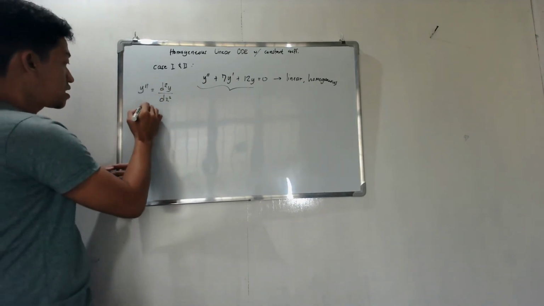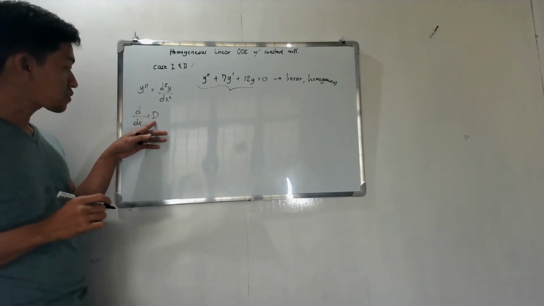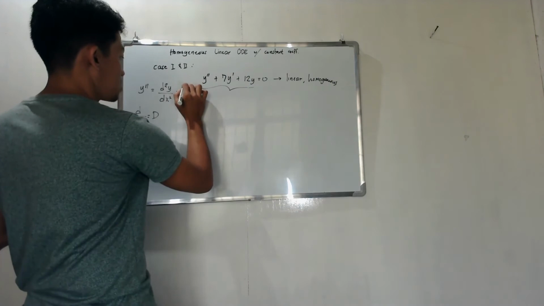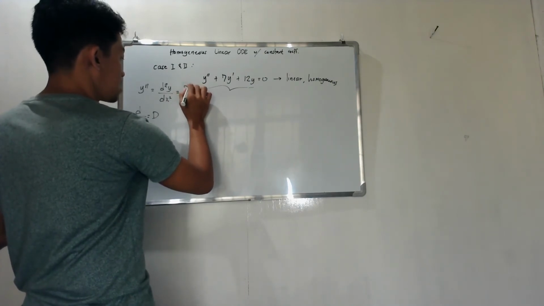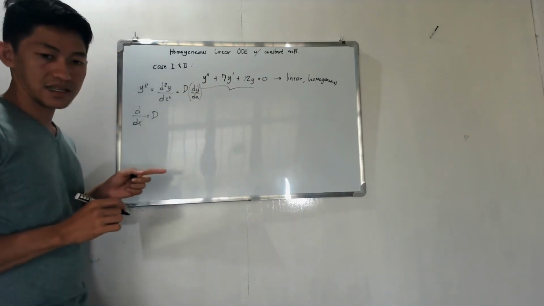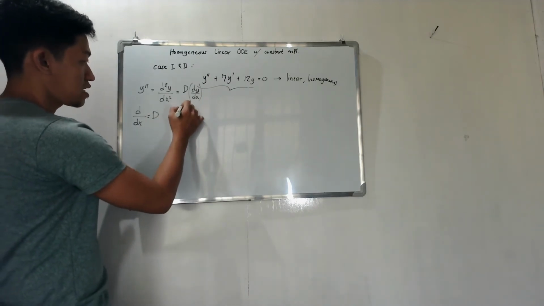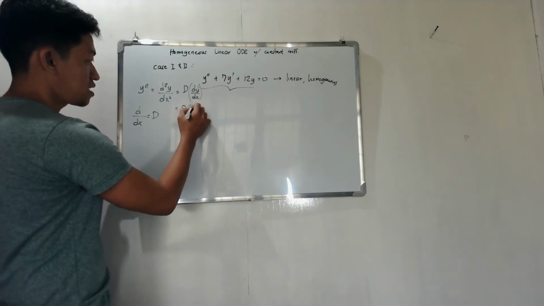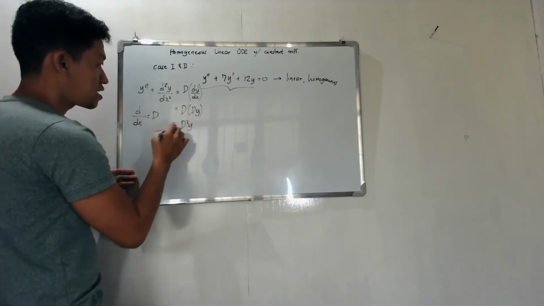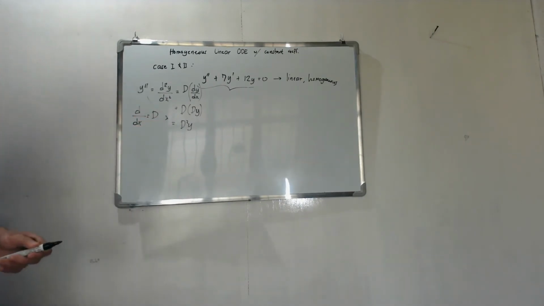But d over dx is equal to capital D. So, magiging D of dy dx. Right? And then, simplify natin further. Magiging D of dy, or this is the D squared y. Okay? D squared y ang y double prime. Okay?